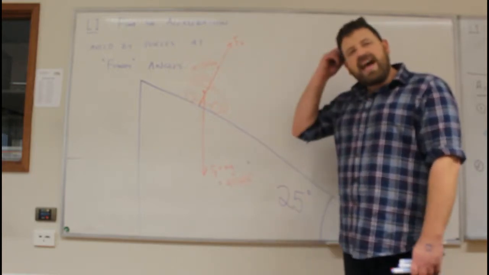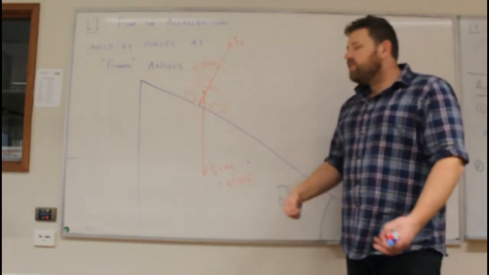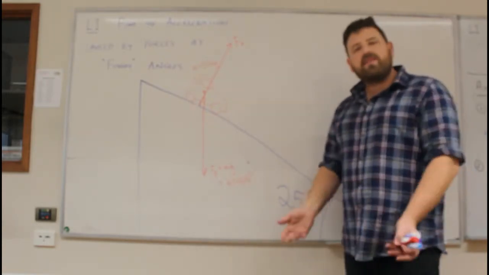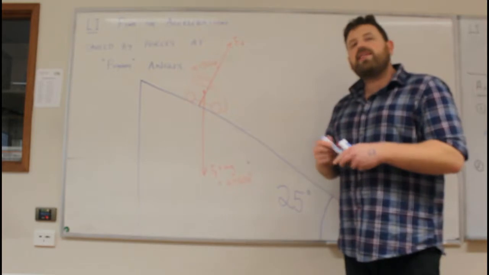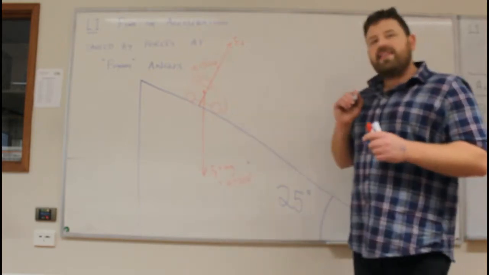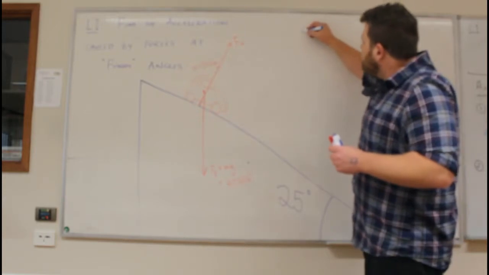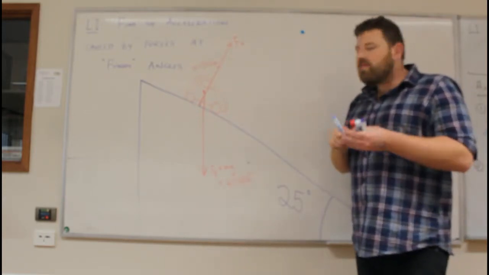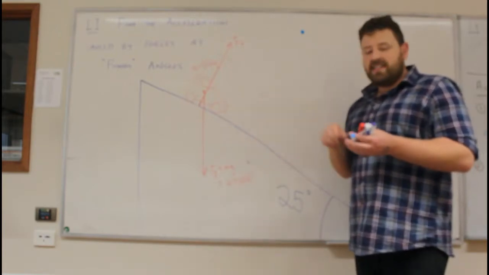So we need to analyze this, and our go-to trick for analyzing a force problem involving multiple forces should be that free body diagram, where we take the object and turn it into a single dot, and then arrange our vectors head to tail.